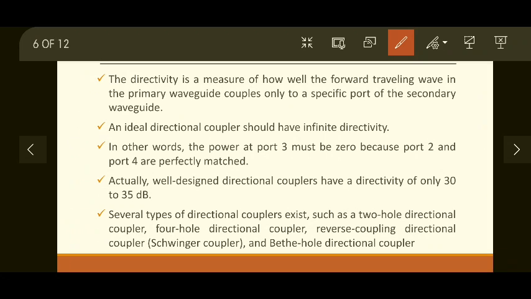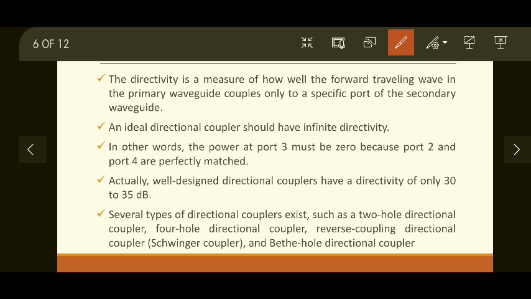So how much of the wave is forwarded and how much is backfired. Ideally none should backfire, so P3 should be 0 and that is what is desired. An ideal directivity for the directional coupler should be infinity.